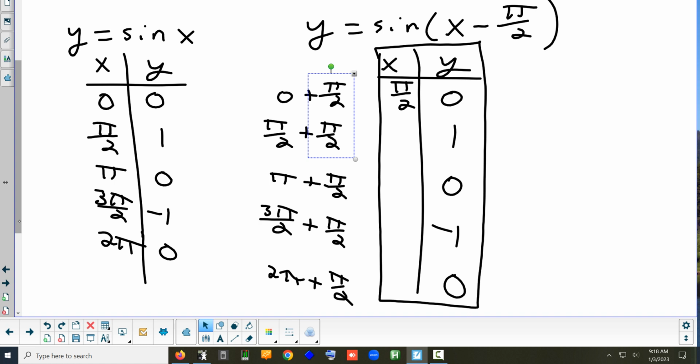It would be 2 pi over 2, which is just pi. I wrote it as 2 pi over 2 for a minute because I want you to see something when we're done.